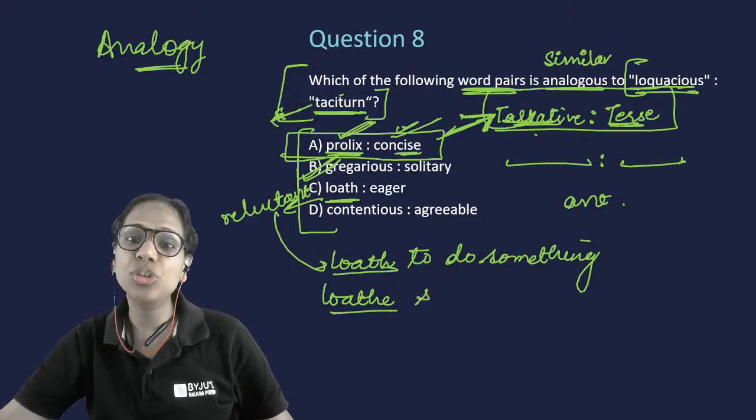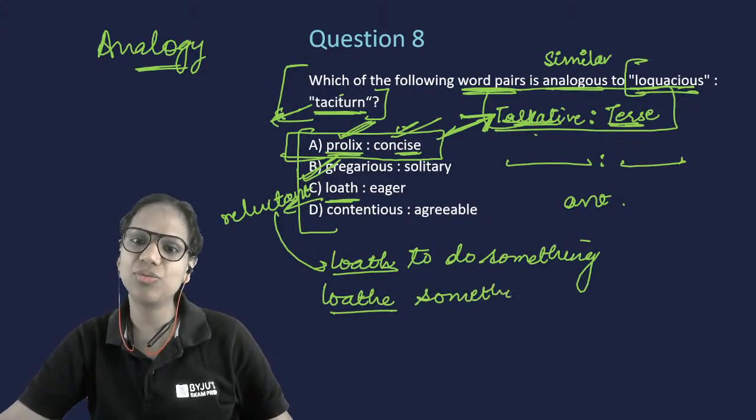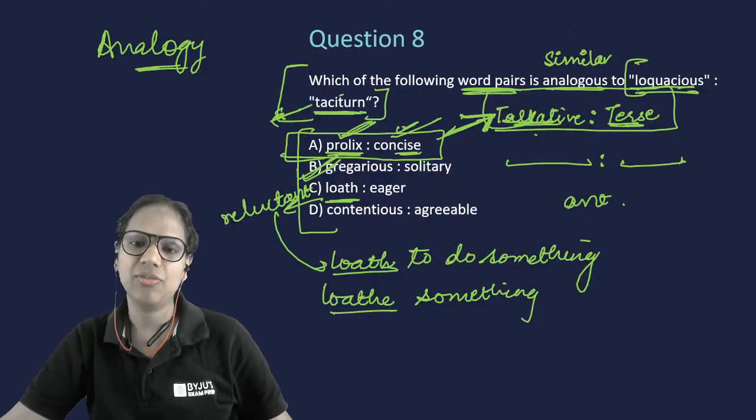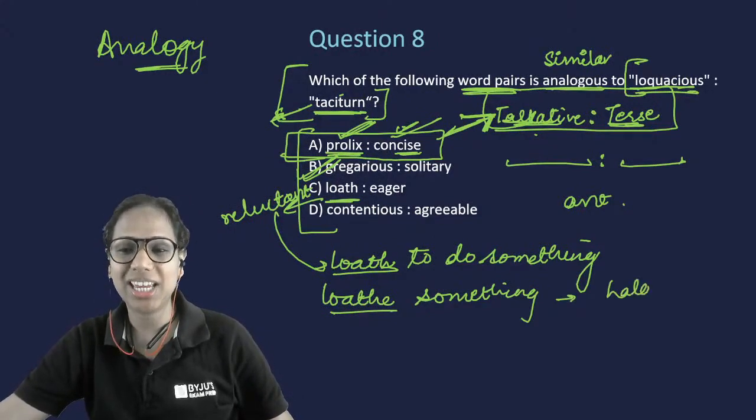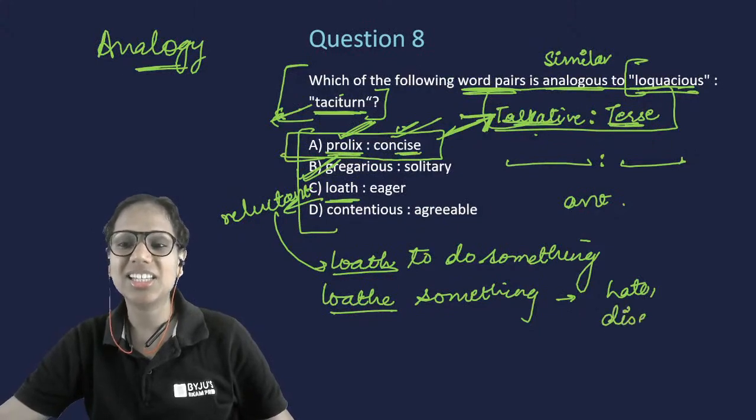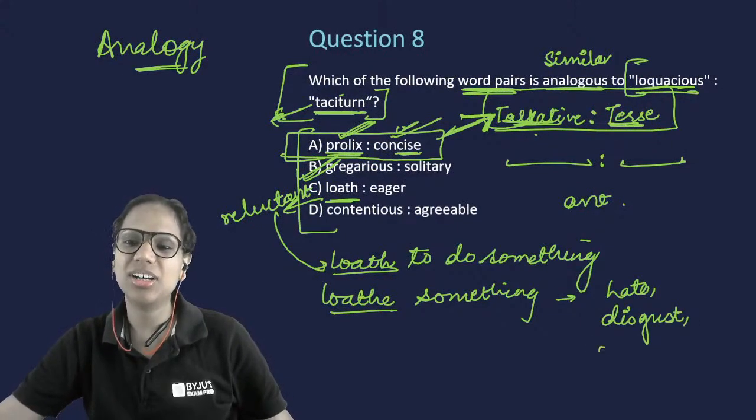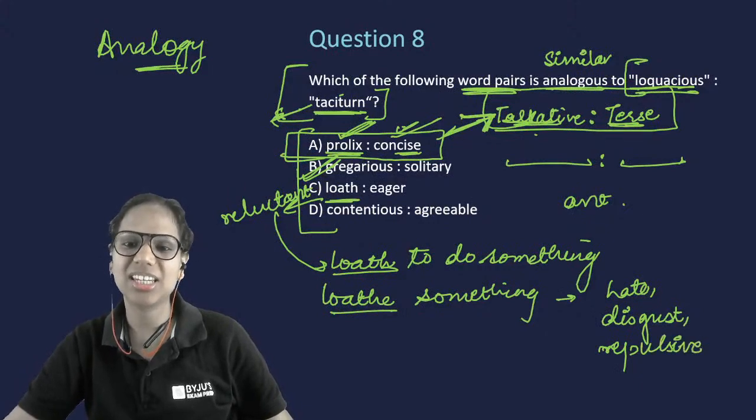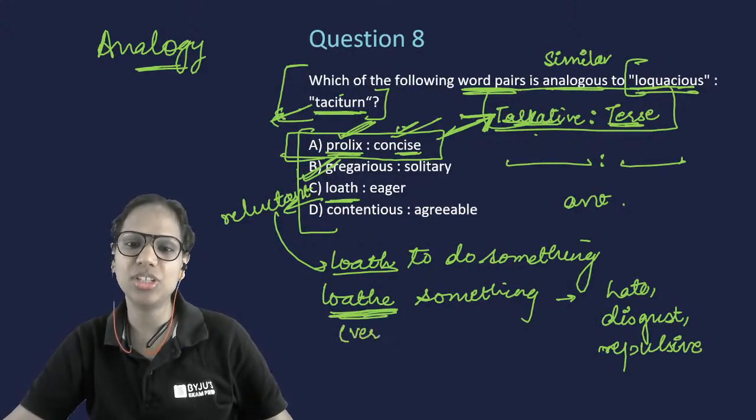But when you loathe something, here we don't say to something. When you loathe something, you are disgusted by it. You simply hate it. Okay, it disgusts you. You feel repelled by it, so you find it repulsive. Right? That is the meaning of loathe. Loathe is a verb.